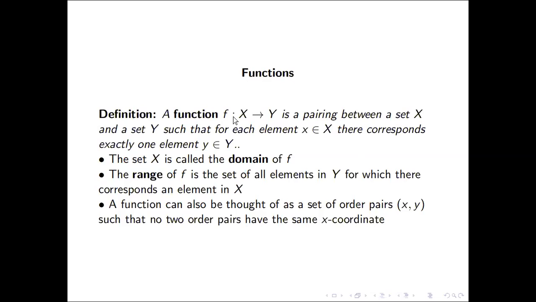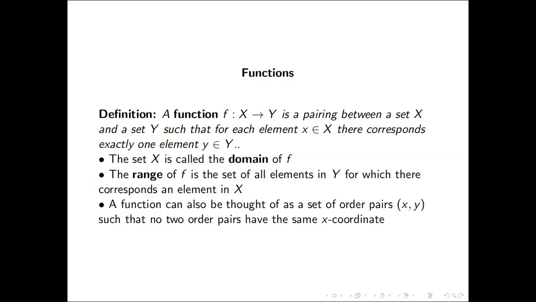So in the definition here, for each element x in X, there corresponds exactly one and only one element y in capital Y. So that means an x in capital X cannot have more than one y in capital Y paired to it. It has, let's say, a unique pair.